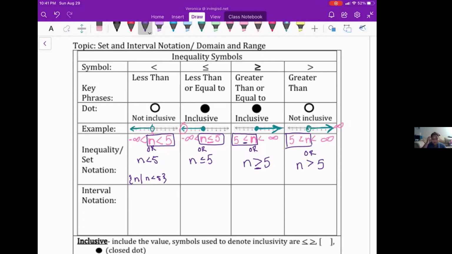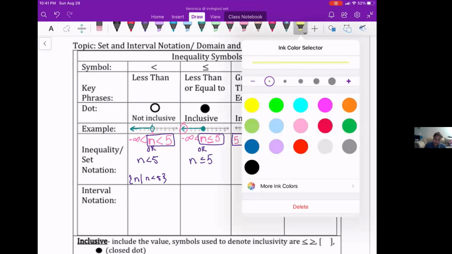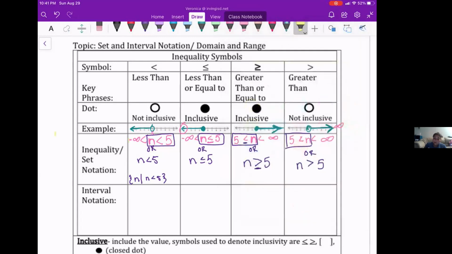Okay, so here it is. I'm going to use my highlighter in yellow. So you see this thing that I just highlighted in yellow, that negative infinity and this 5. I like interval notation because it's always going to be the same. It's always going to be small, large.